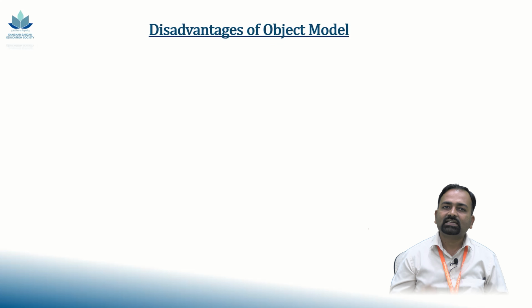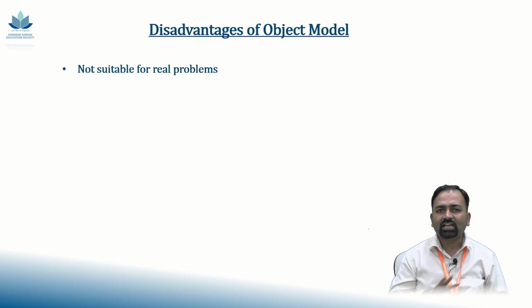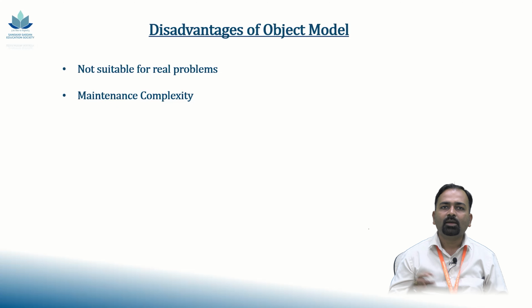Next, we will see the disadvantages of the object model. The first disadvantage is that it is not suitable for all types of problems within a database system, and hence it's not accepted by all users. Second, maintenance complexity. If this model has a poorly designed class hierarchy, or a complex relationship between the objects, it becomes difficult to understand, modify and maintain the code.